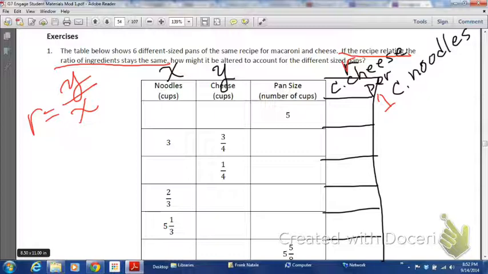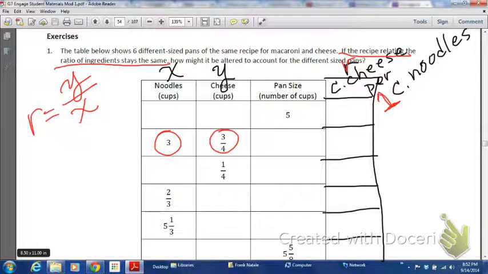So per one, of course, being 1 cup of noodles. I want to know how many cups of cheese, or what fractional portion of cheese, I need to put in for each cup of noodles I put in. Now there's only one scenario, and that's this one right here, that gives us enough information to figure this out.